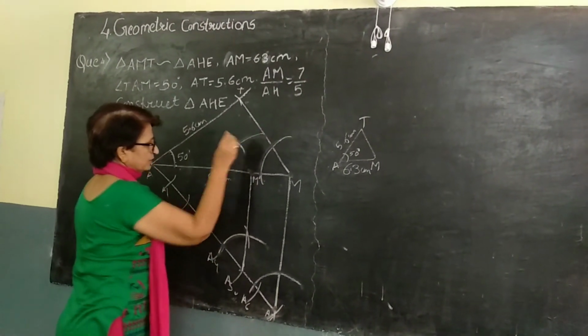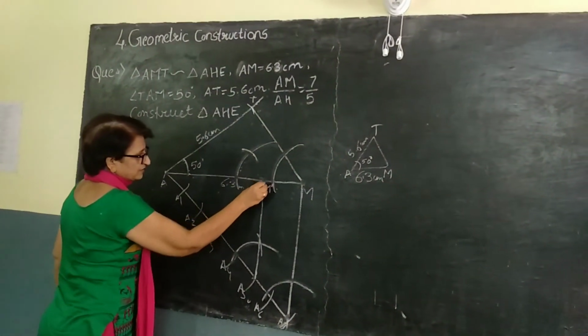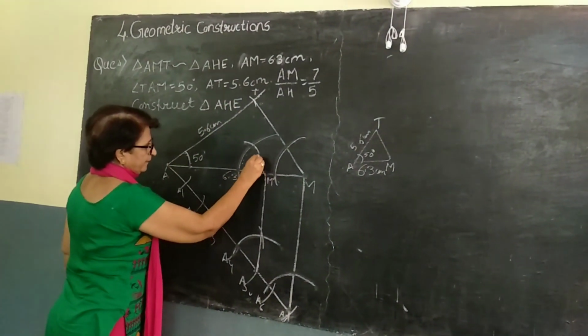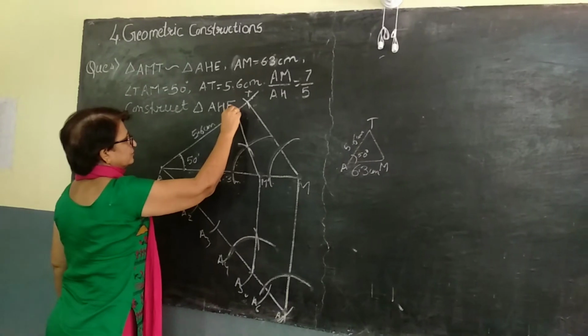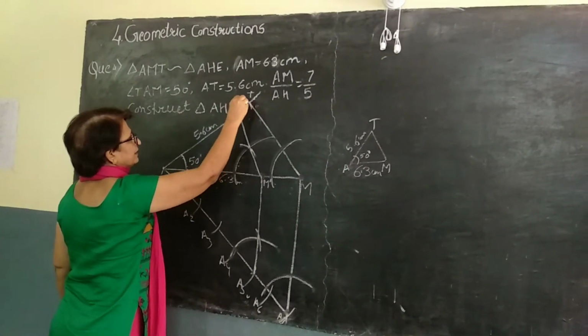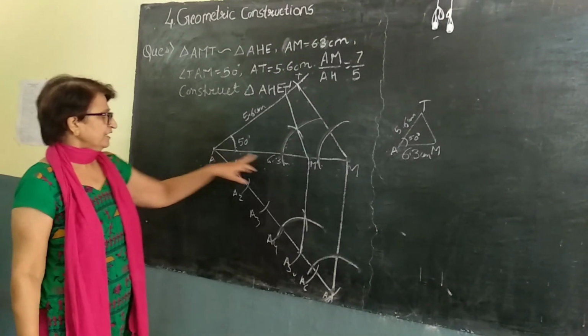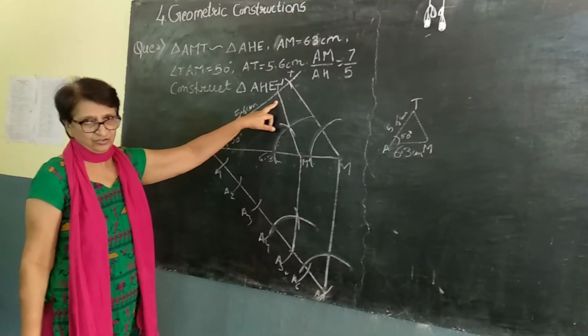Right? Here I got it. Now what I am going to do? I am going to take this point M and this point and join it here. Like this. So this is my T dash. So I got the triangle A M dash T dash.